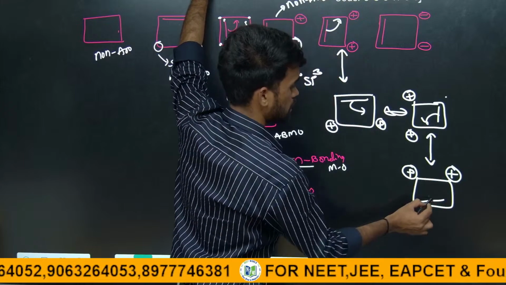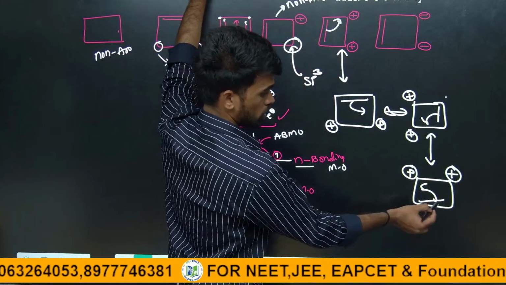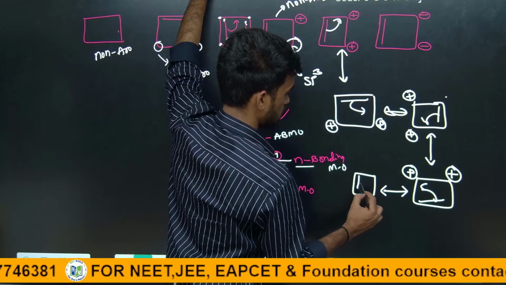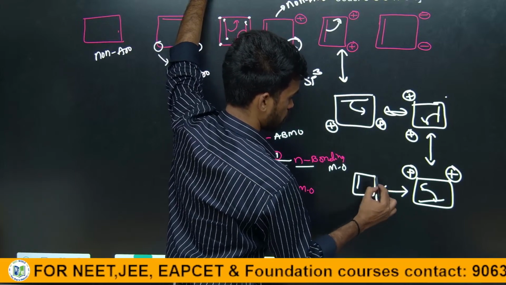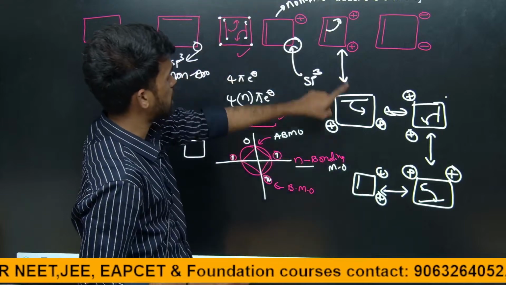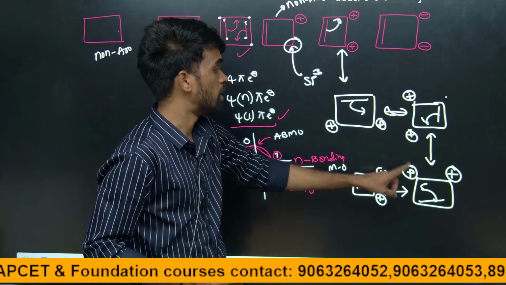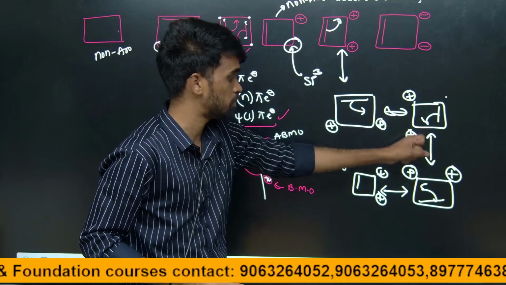Again you can shift here, this carbon will get a positive charge, and you can write it in this manner. So this one and the first one are the same, therefore these are resonating structures where we can see complete conjugation.